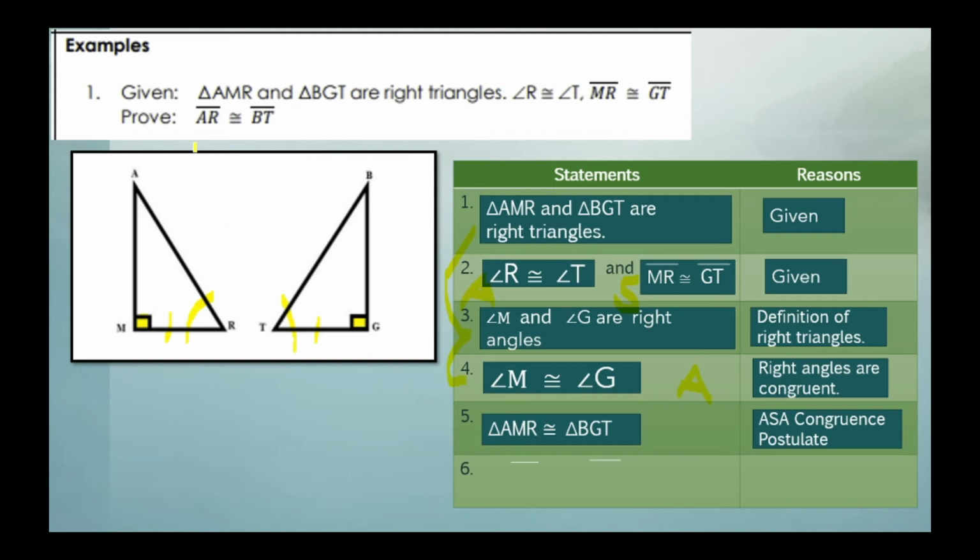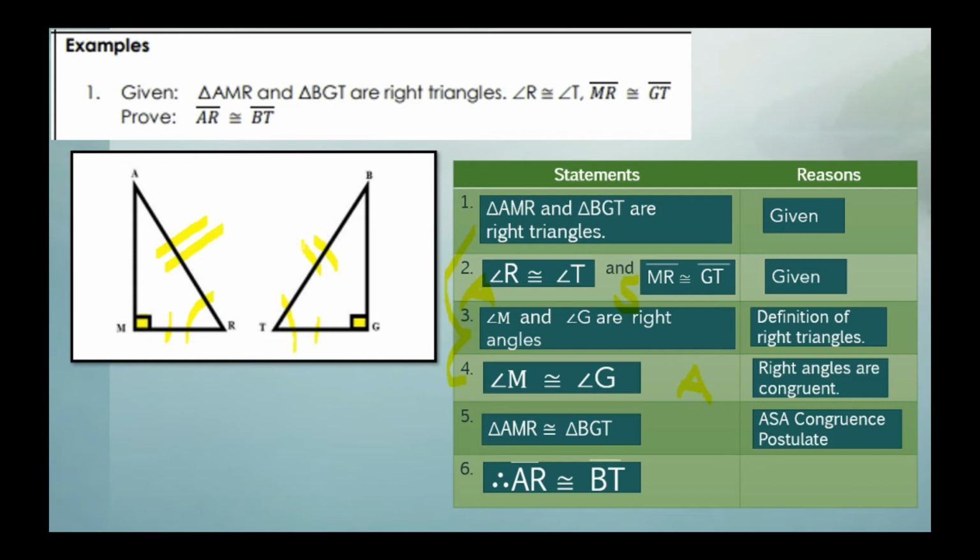No. Why? Because we are proving another part of these two triangles, yung corresponding parts pa na AR at BT. So since yung dalawang triangle ay congruent by ASA postulate, therefore, we can say that AR, or segment AR, eto, is congruent to segment BT.